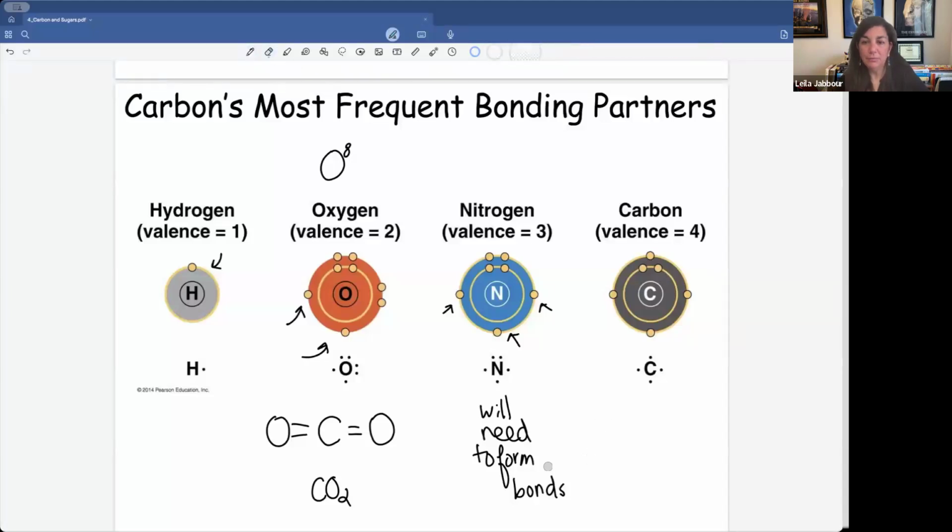I'm jumping the gun by saying 4 for carbon. And carbon, it's 4 bonds. Okay, it's however many electrons are missing to reach number 8, the maximum number that we can have. That's how many bonds we need to form, because we need to go get these electrons from another atom and form bonds with that other atom.